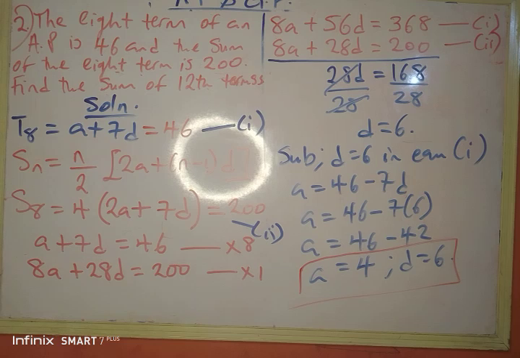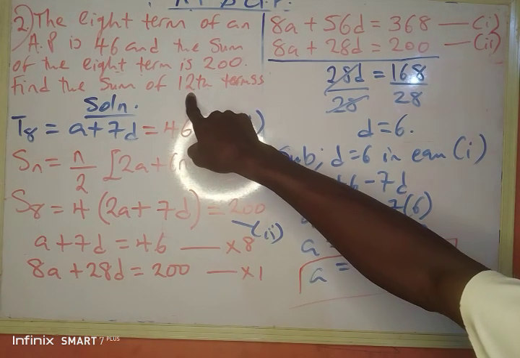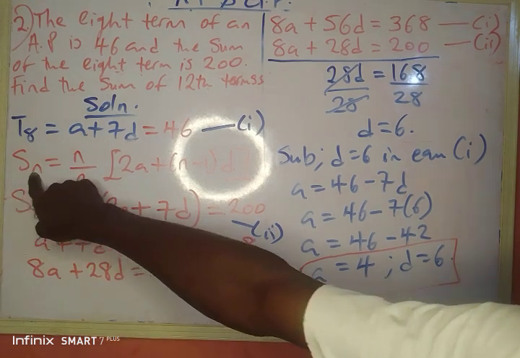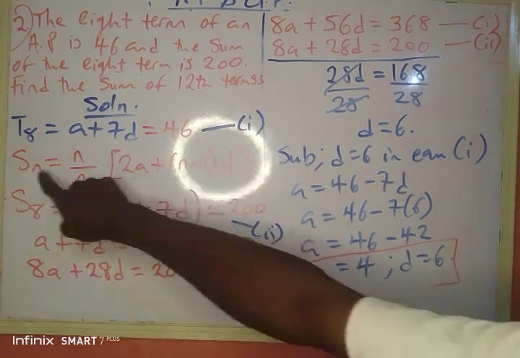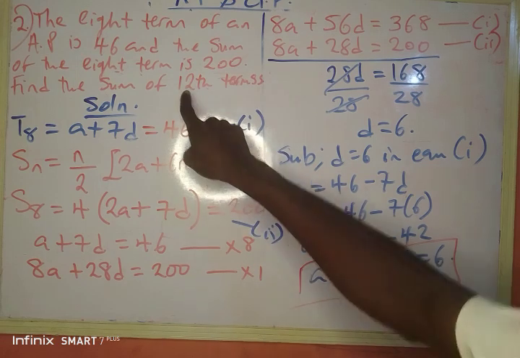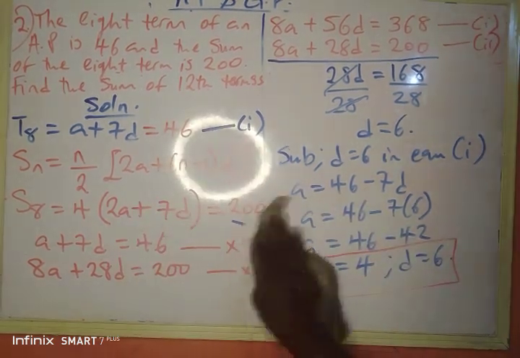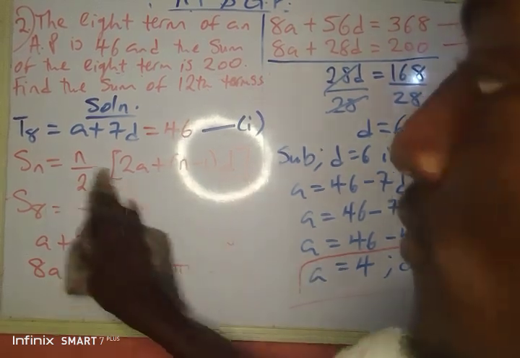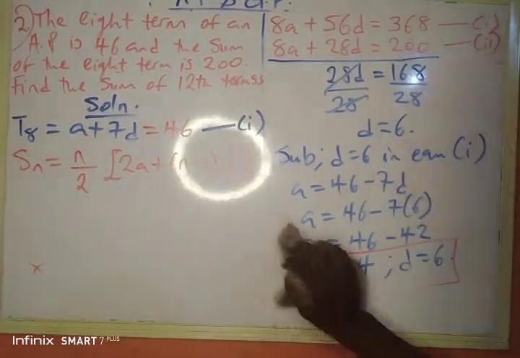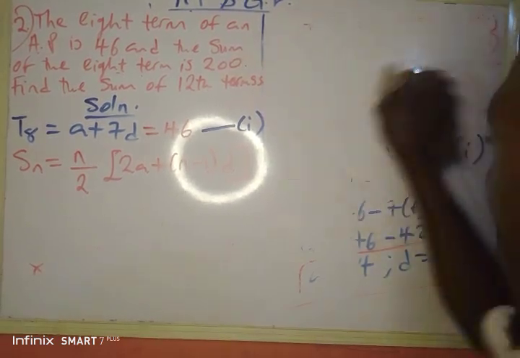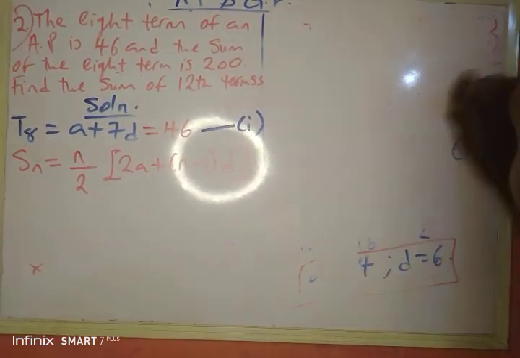Now what is it we should find? We should find the sum of the first 12 terms. How can I find it? Anywhere I see n, I'll just put 12, which means I can take all this away. So I will only leave the values of a and d.